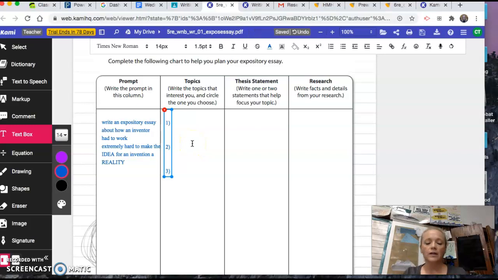And when you're thinking about which one you want to write about, look at your topics and think about which one interests you the most. Good writers also write about things they already know a little bit about. So if you already kind of know about one of them, that would be a good choice. If you just are really curious and inquisitive, then you can certainly pick one that you don't know anything about, but just be aware that you're going to need to do maybe a little bit more background reading on that to come up with your information.